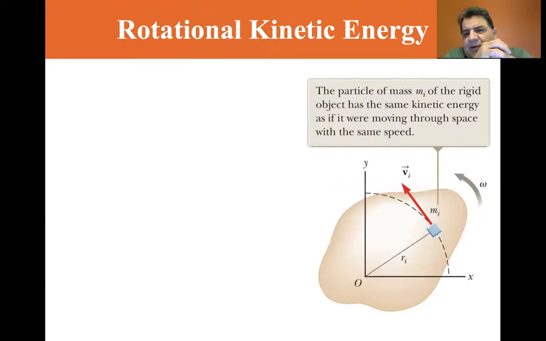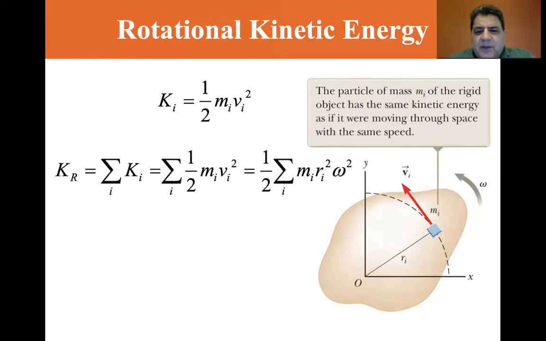The mass Mi of the rigid object has the same kinetic energy as if it were moving through space with the same speed. Kinetic energy is 1/2 mv squared. So the kinetic energy of the ith portion of this mass is equal to 1/2 mi vi squared.